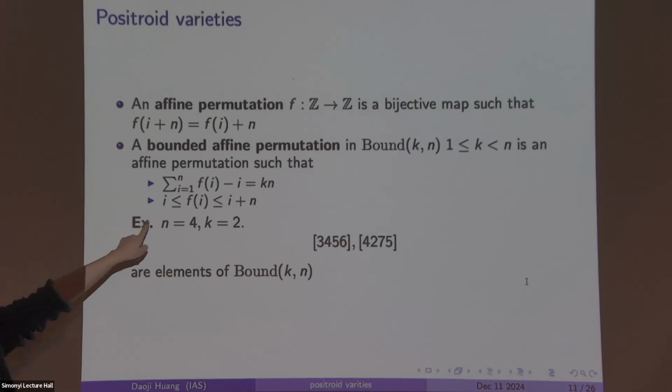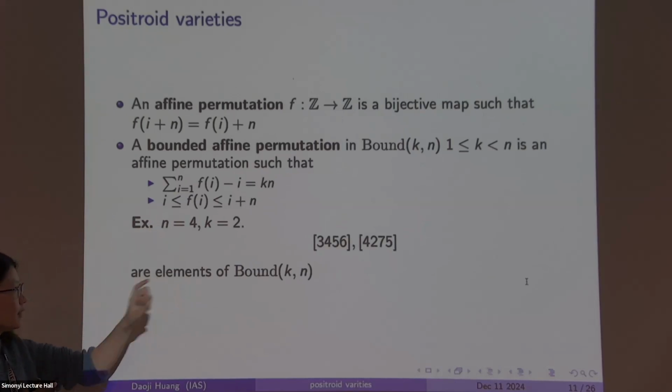And bounded, this is the boundedness condition. I can write down a bounded affine permutation by this window notation. If I tell you where 1 to n go, I write down those numbers, I can expand this infinitely and periodically. Are you okay with this definition?